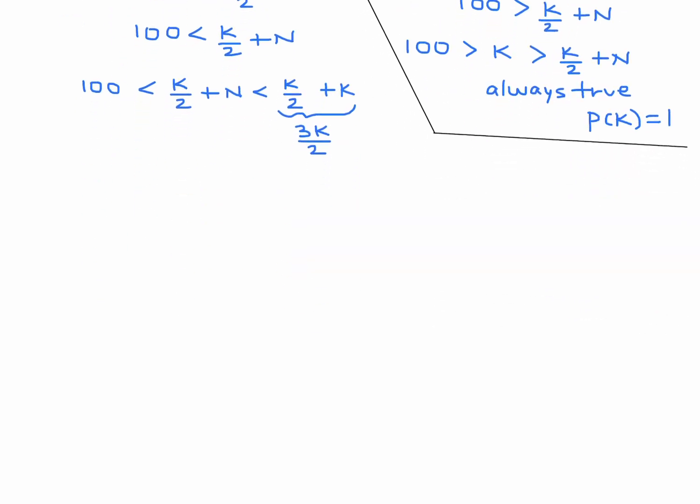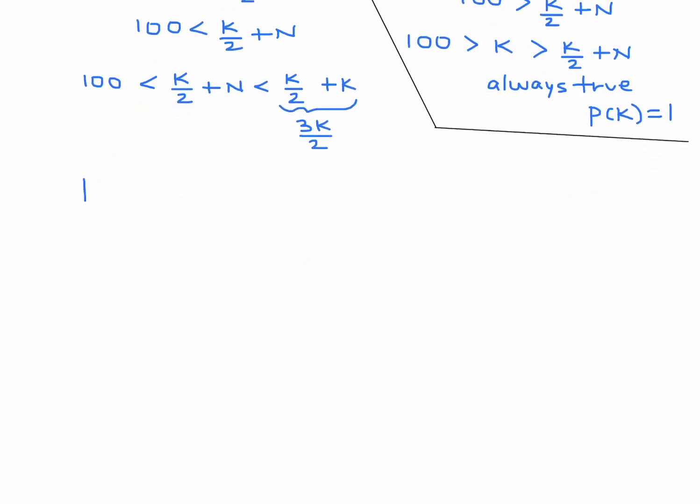Now what we have to do is remember our only remaining values of k were 67, 87, and 99. For each of these, let's figure out what we get. And we are using the inequality 100 minus k over 2, I'm just putting n in the middle, is less than 3k over 2.